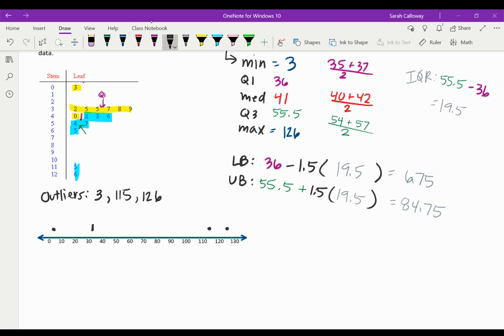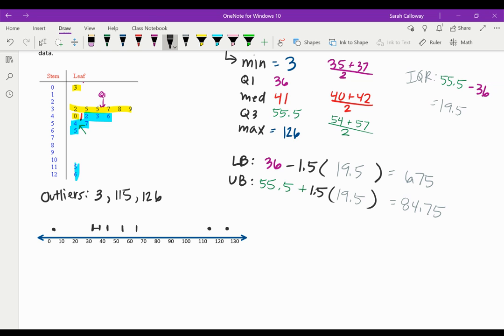Then I have 36, and then 41 is my median. My quartile 3 is 55.5. And then I need my maximum, but remember 126 is an outlier, so go to the next one. That's still an outlier, so my next number is 65. 65 is not an outlier.